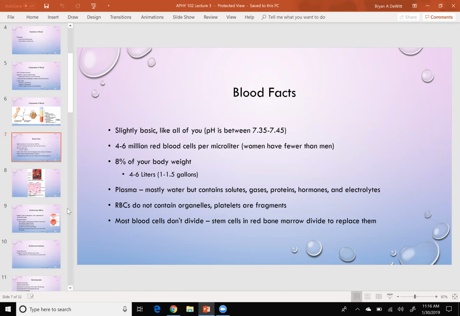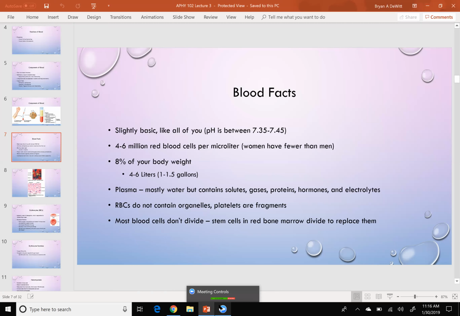You have about 1 gallon to 1.5 gallons of blood in your body. It depends on whether you're a male or female. Women have slightly less blood than men do. You also have about 4 to 6 million red blood cells per microliter. Now, again, that's per microliter. So there are 1 million microliters in 1 liter.